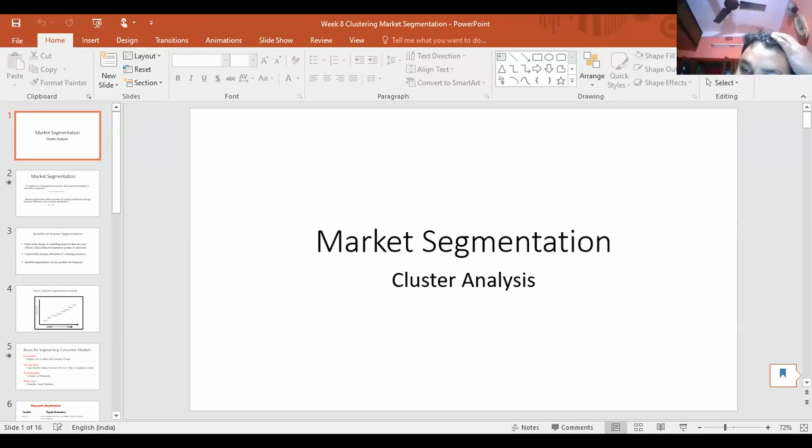Okay. One example is Samsung, sir. Samsung is selling phones from the top of the line to the bottom of the line, and they are segmenting. They are studying the market and understanding what price segment they can target each customer category into.